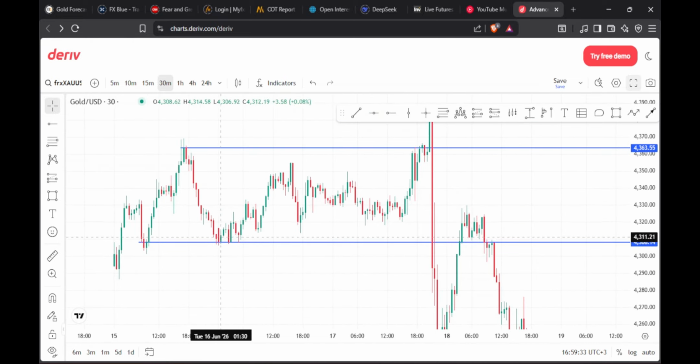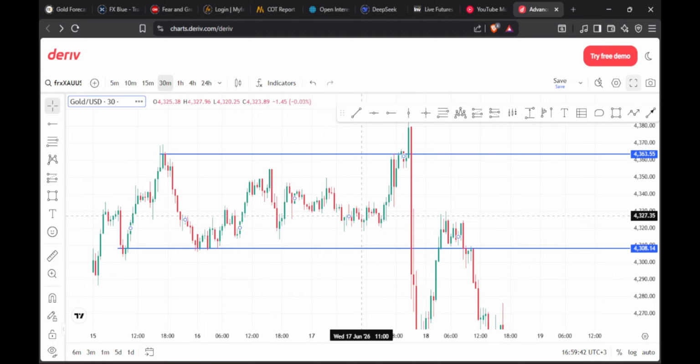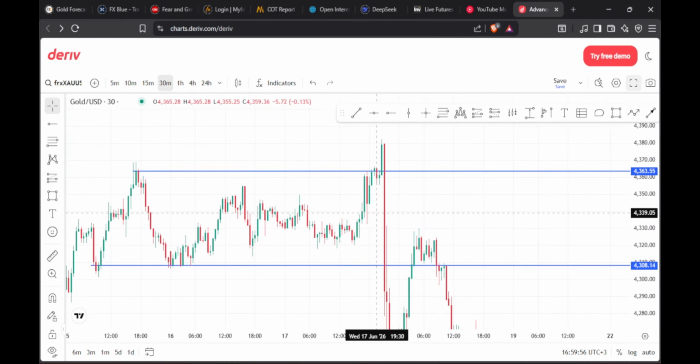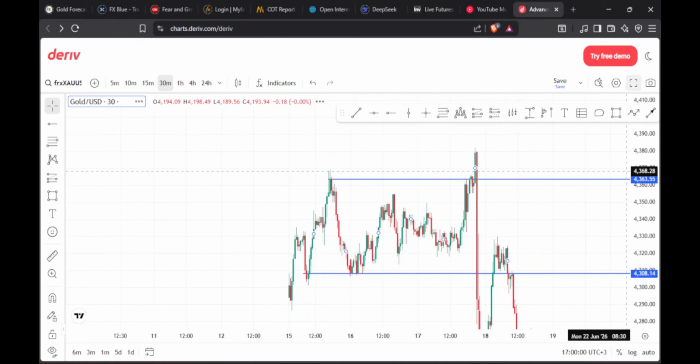We had some consolidation, and then the market broke to the upside. So this was our accumulation, and then we had our breakout, which will be our manipulation. And after that breakout, we had our distribution.